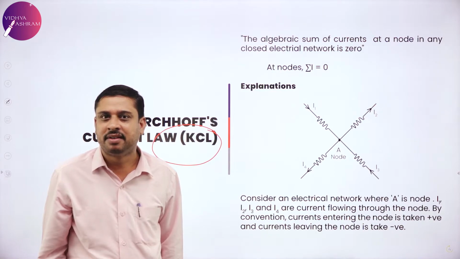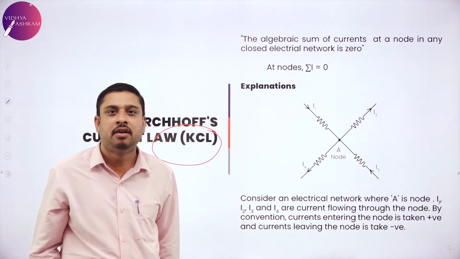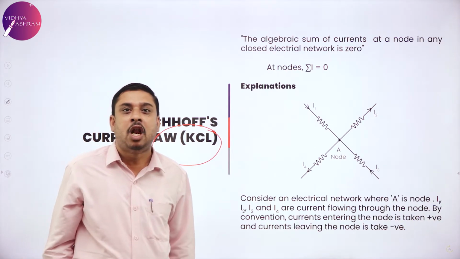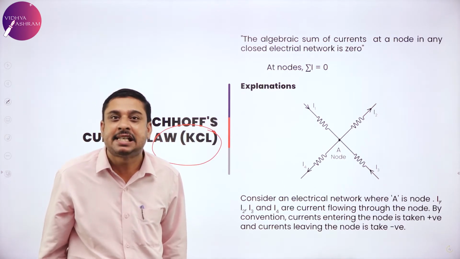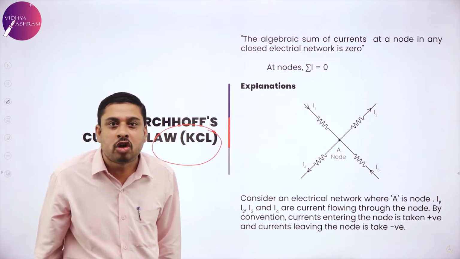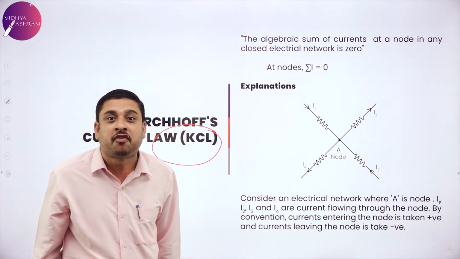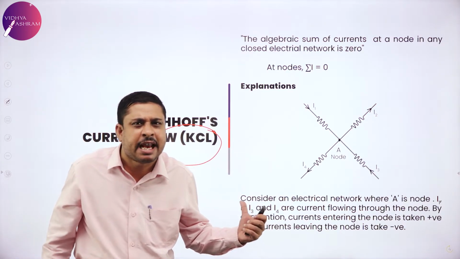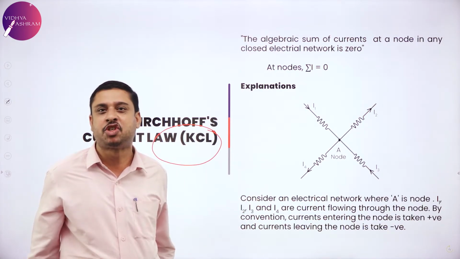Point number 1, KCL is also called the law of nodes or the law of junction. I repeat, my dear students, KCL, Kirchoff's current law, is also called the law of nodes or the law of junction, which makes me believe that this somewhere has to be associated with a node or a junction.